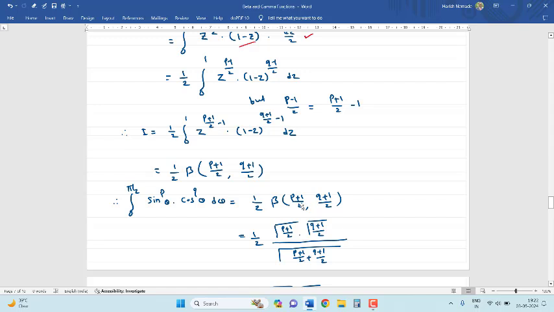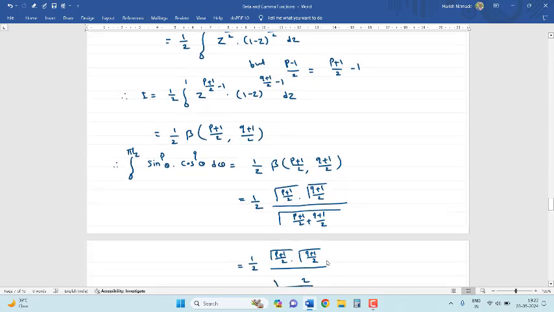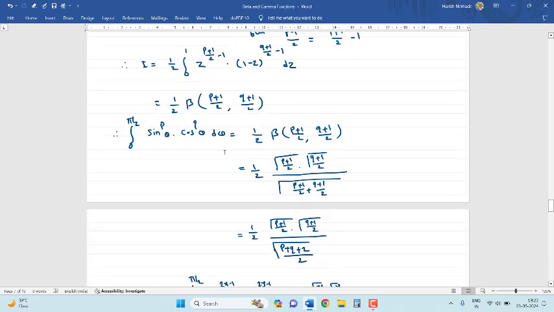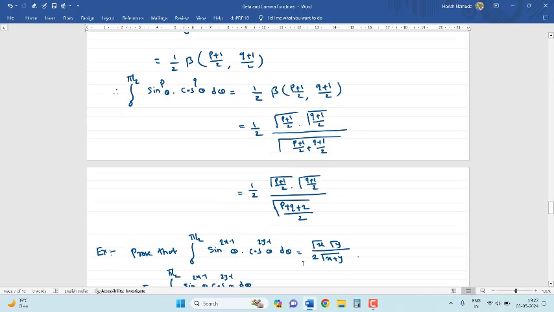By using that, beta of p plus 1 by 2, q plus 1 by 2 is gamma p plus 1 by 2 into gamma q plus 1 by 2, divided by gamma of the sum of these two, that is, gamma of p plus 1 by 2 plus q plus 1 by 2. So the value of the integral is equal to 1 half gamma p plus 1 by 2 into gamma q plus 1 by 2 divided by gamma of p plus q plus 2 upon 2.